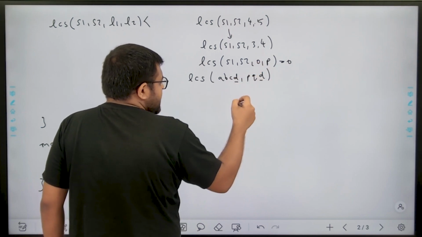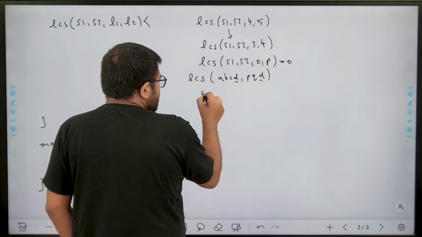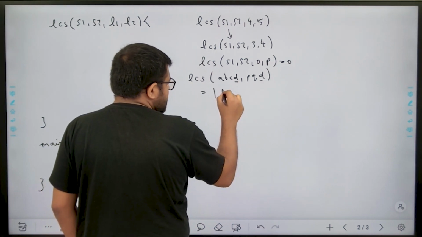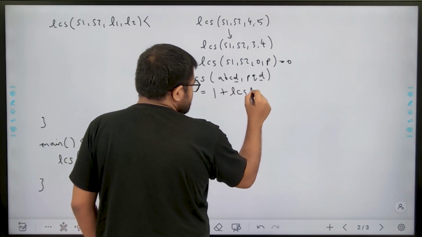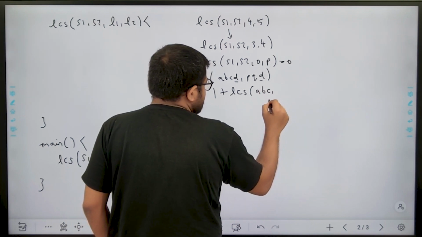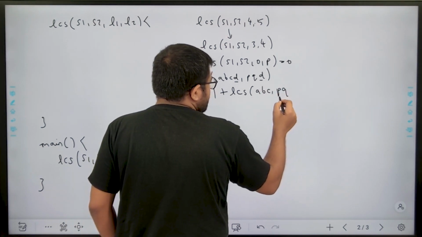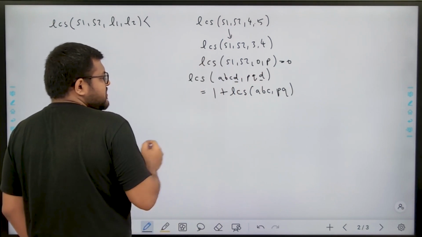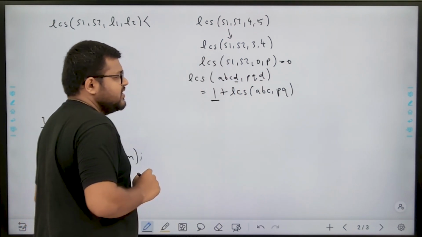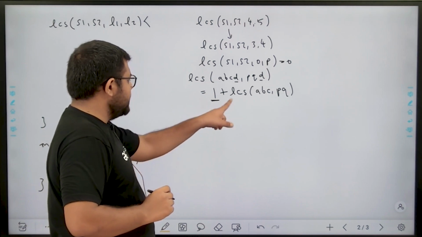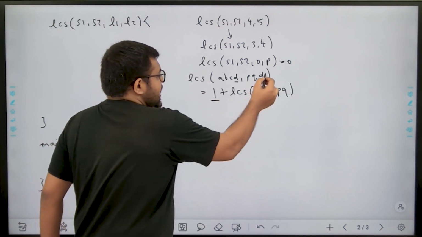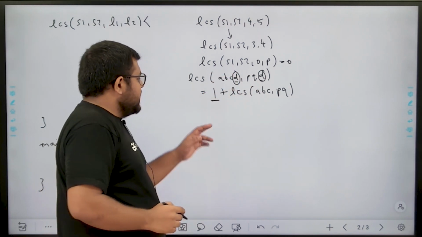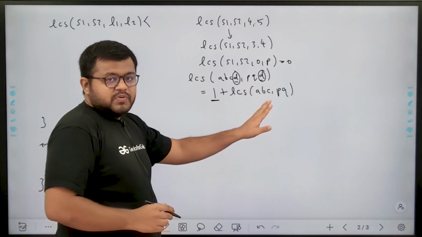Since they both are matching, the best thing for me to do is this: the longest common subsequence for both these strings is nothing but 1 plus the longest common subsequence of A, B, C and P, Q. Because D was matching in both of them, I consider it in my answer, and that is why I am getting 1 plus, because I have taken D into my longest common subsequence. So this is the best possible thing.